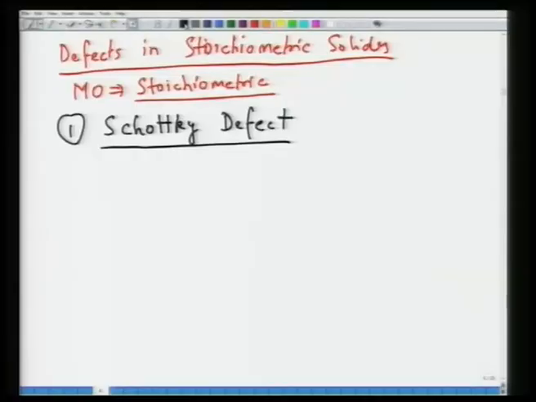And I can draw this defect like so. Suppose these are the bigger ions, let us say, which are the anions.